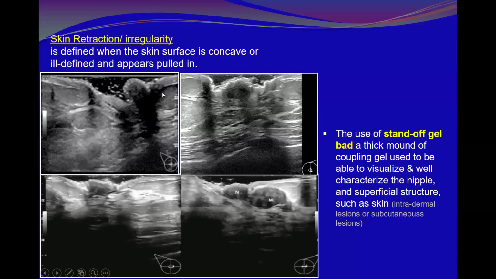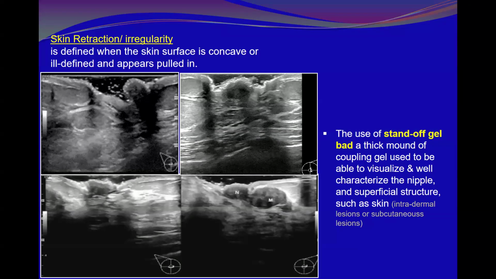We can see retractions here, and the patient has bilateral changes. That is why it is even more reassuring. Can you see the retraction in the left breast is less than that in the right breast?